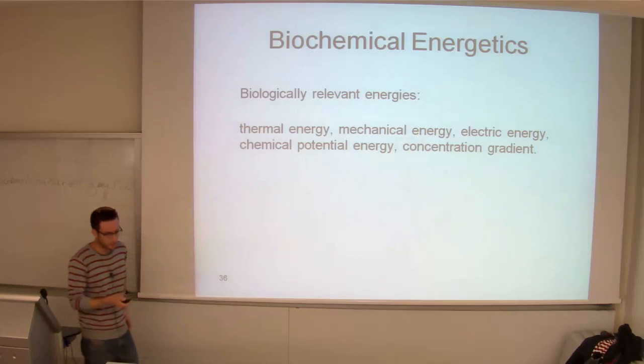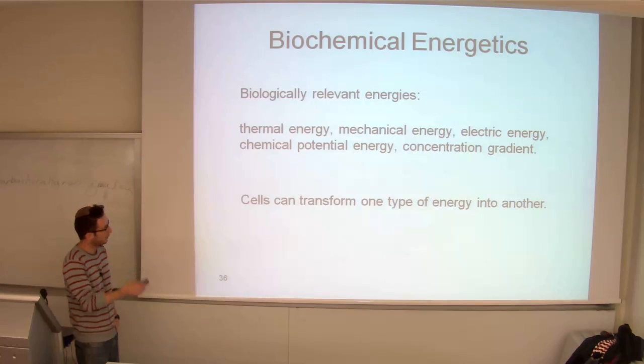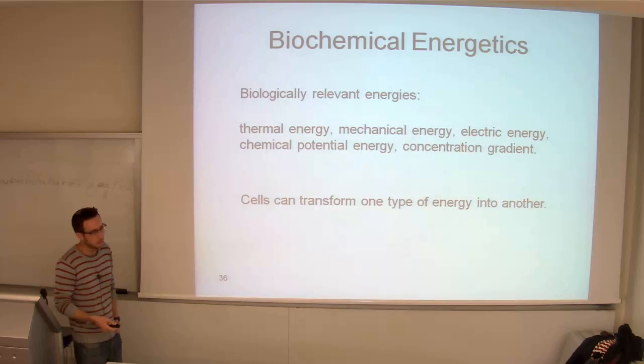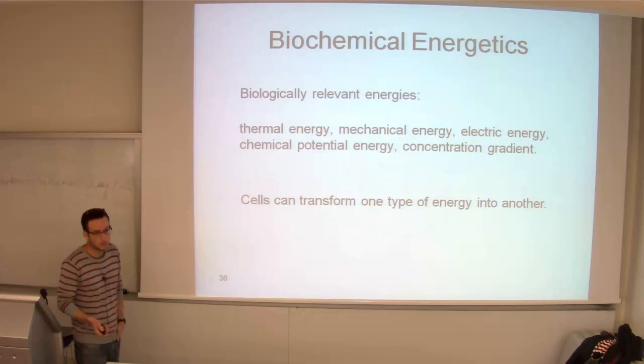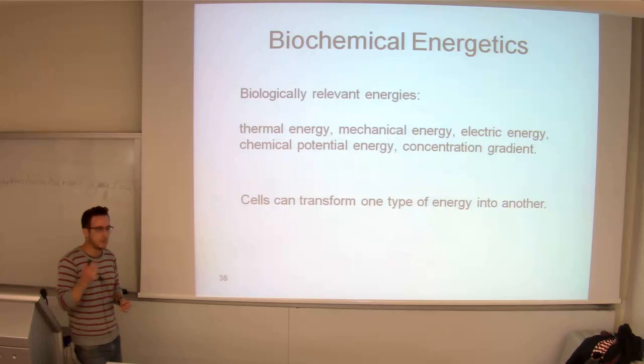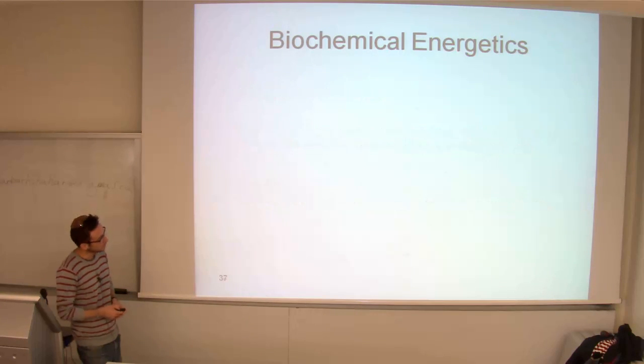And of course, cells have evolved several machineries that enable them to transform one type of energy to another. The first example that comes to mind is photosynthesis in plants, where light energy transforms into chemical energy. We'll see lots of examples, neuronal examples later on, but this is generally speaking.